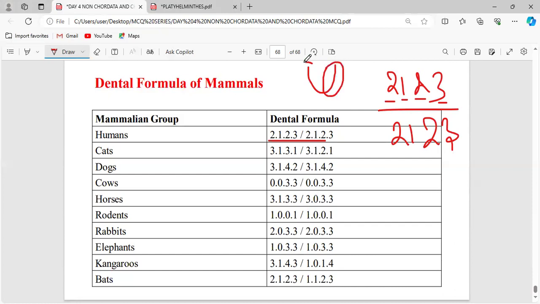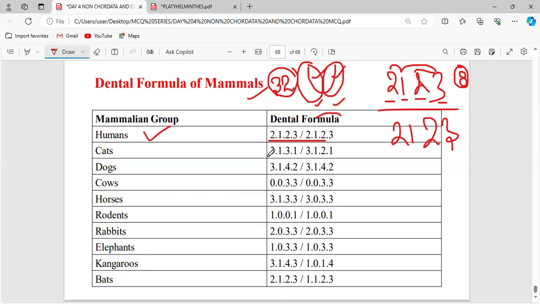In the same way there are upper right, lower left and lower right sides, and we have 32 teeth. See how many teeth are here: 2 plus 1 is 3, 3 plus 3 is 6, plus 2 is 8. In one row we have 8. 8 into 4 is 32. Finally, 32 teeth will be present in humans.